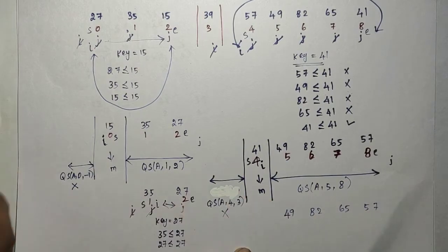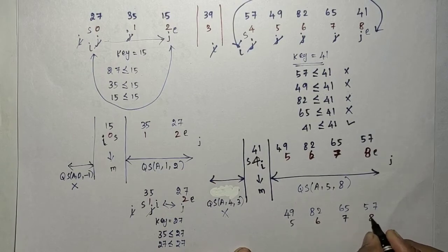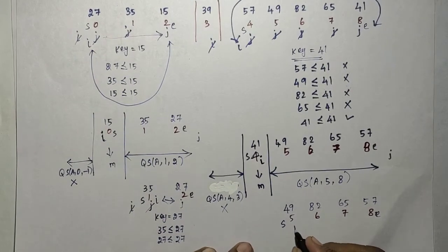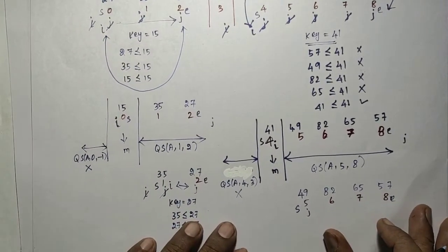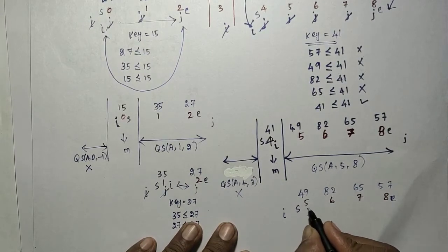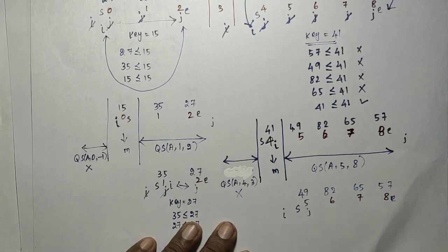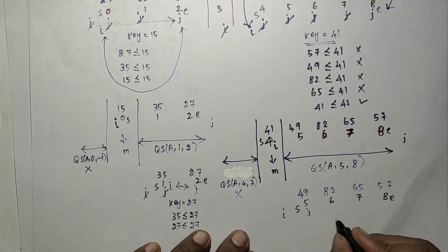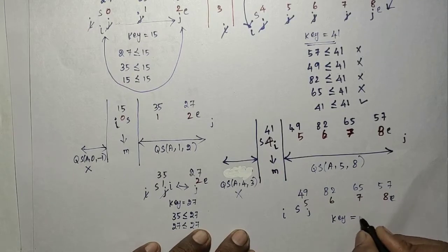So the indexes are 5, 6, 7 and 8, and this is S and this is E, and J will start from here. Okay, and I will be S minus 1, so that is 4. So now the key element is going to be chosen as 57, the last element 57.